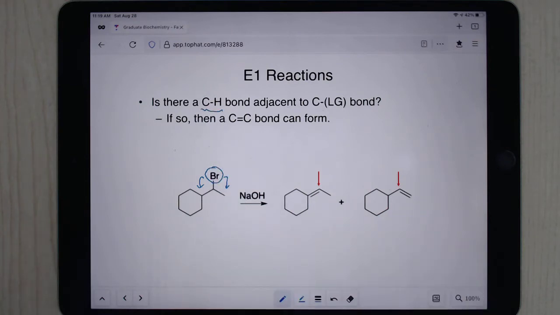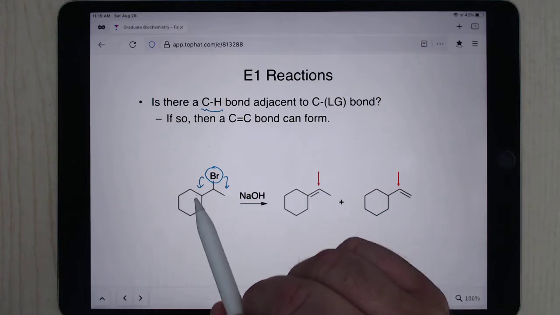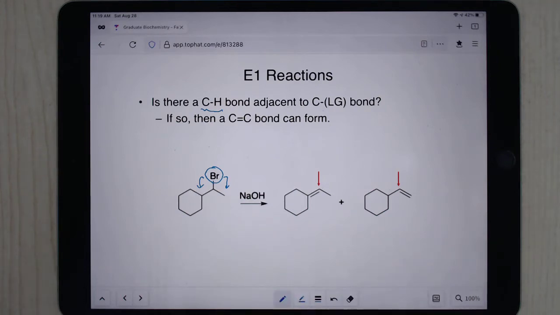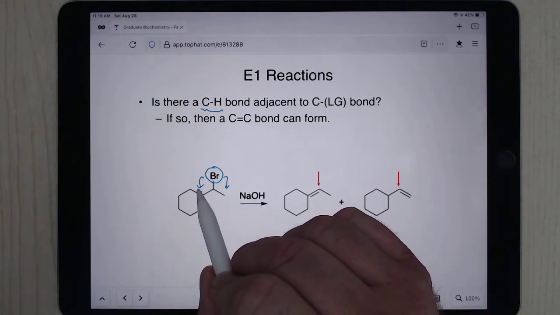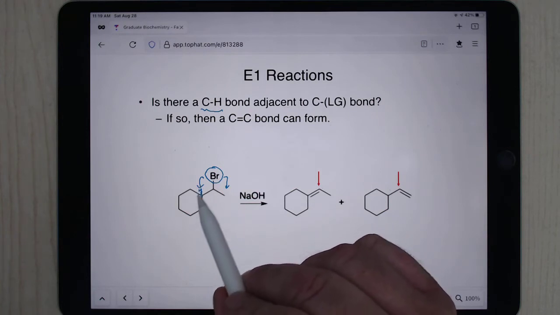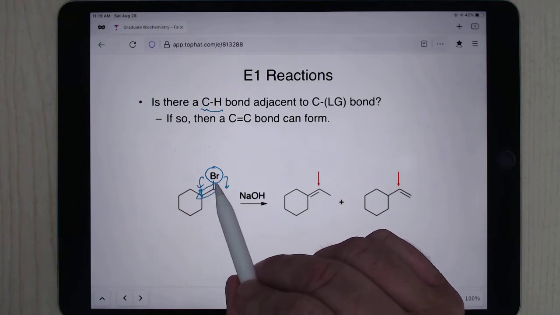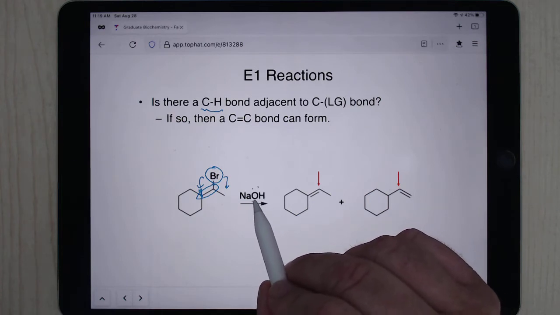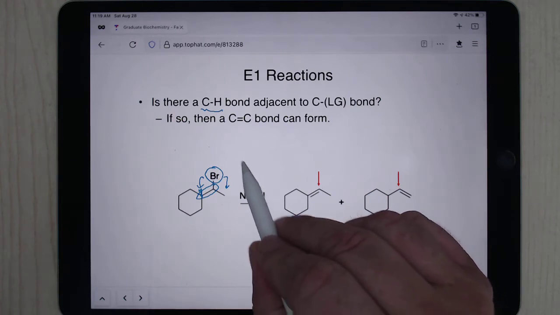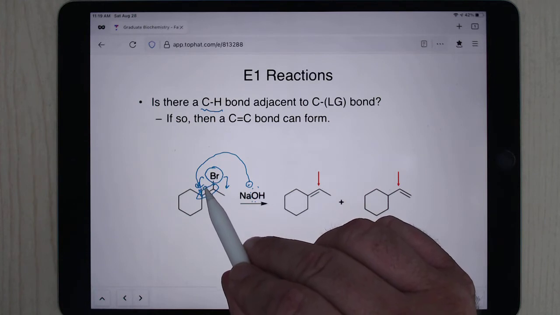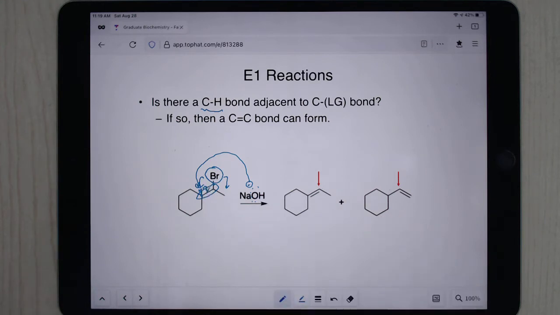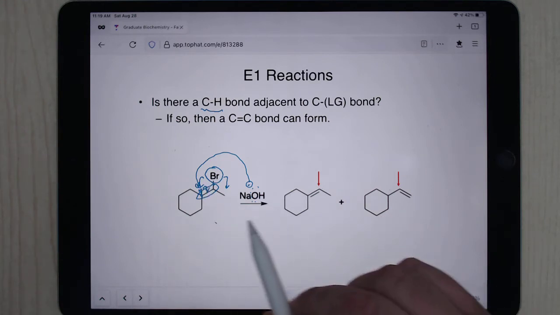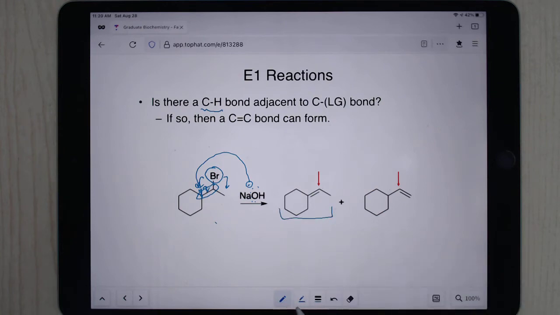If they do, then we can have our base remove it and form the alkene. So if we look on this side here, yep, there's a hydrogen on this side, so we can make a double bond here. So this hydroxide can come in, grab that hydrogen, and those electrons are going to collapse down. And so we can make this product here.